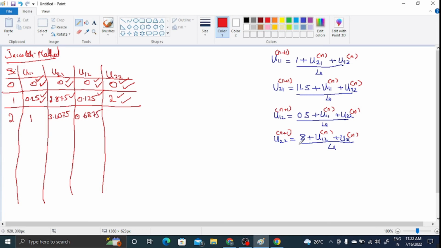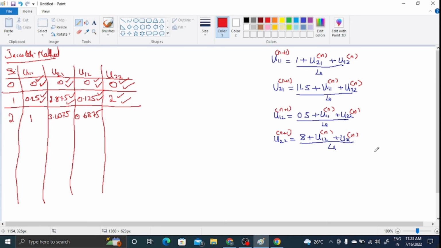Now what is the last data? U22. 8 plus U12, which is 0.125 here, and U21 is 2.875.